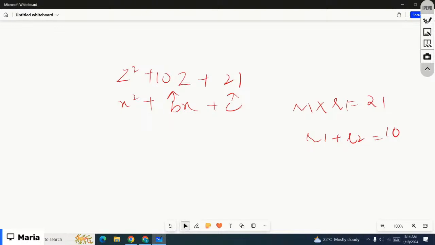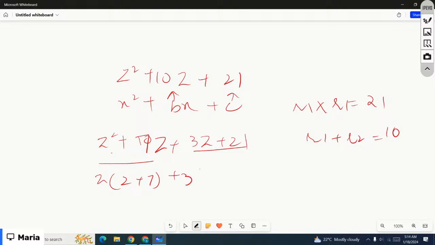Yes, 7 and 3 are the two numbers. Their product is 21 and their sum is 10. So it is z square plus 7z plus 3z plus 21. So from here you can take common z, you are left with z plus 7.